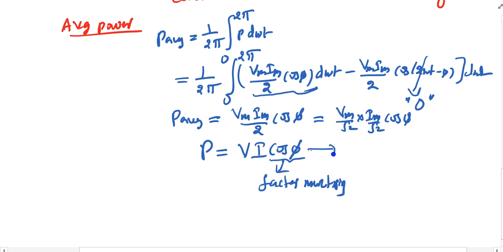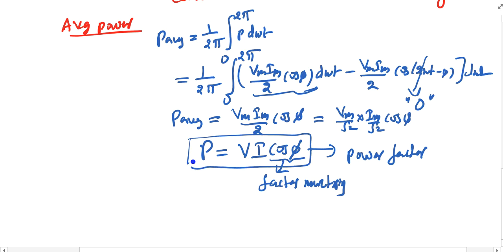So this is called the power factor. So P is equal to VI cos phi.